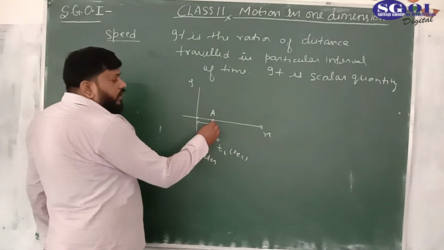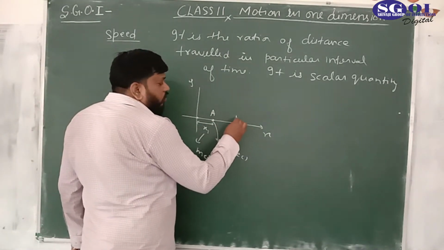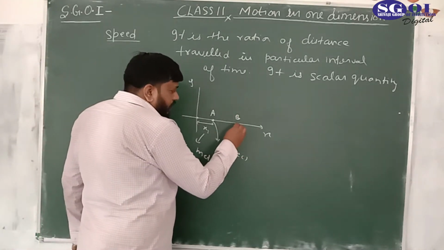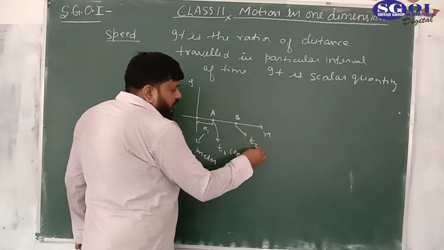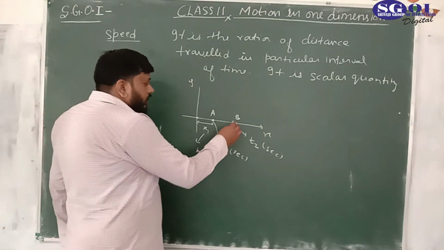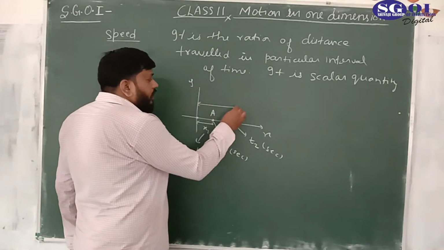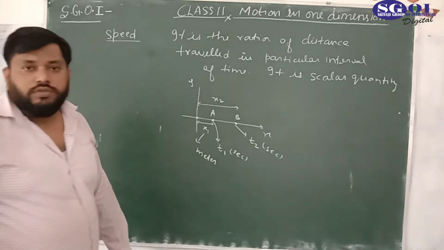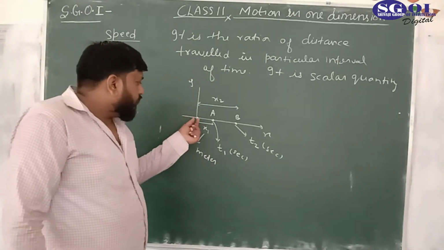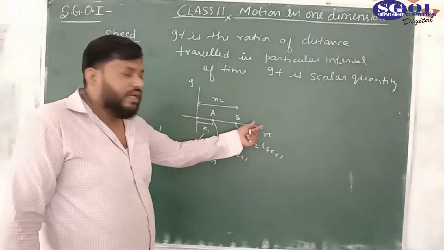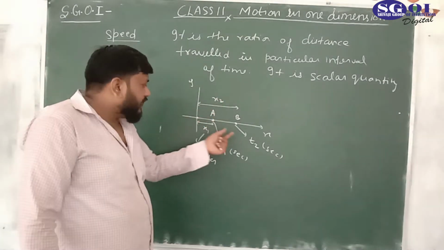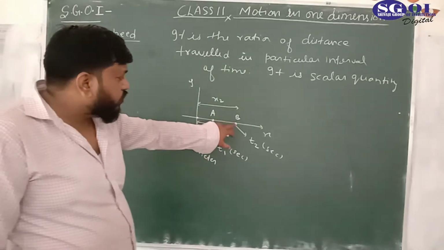It starts moving in a straight line and goes to B, and at that instant the time becomes t2 seconds, and the distance from the reference point is, let's say, x2. This is one dimensional motion.